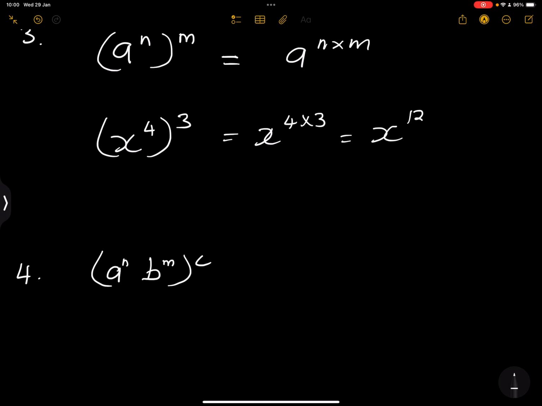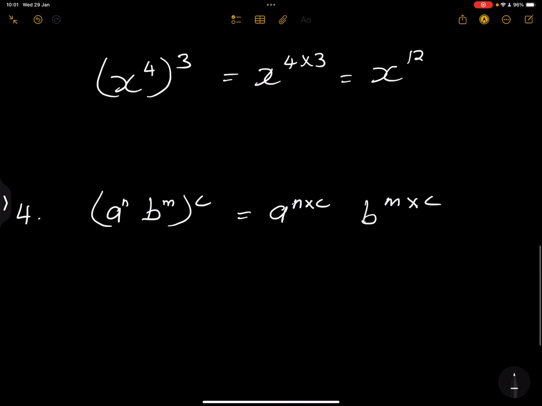We keep the base, we multiply each of the exponents. Right, so in this case, that will be a to the n multiplied by c, but it's also going to be b raised to the m multiplied by c as well. Right, this is very important yet again, ladies and gents.